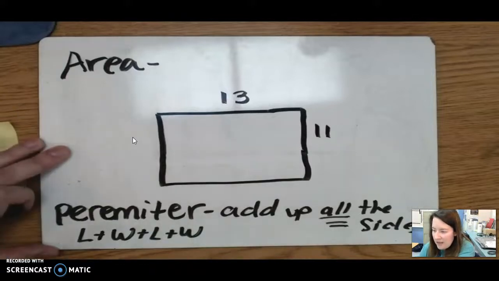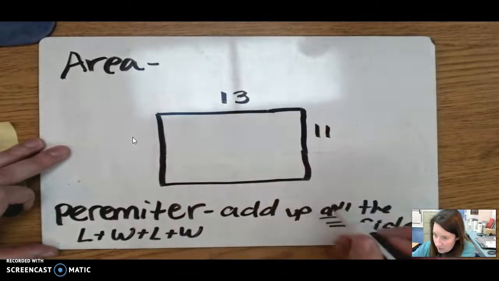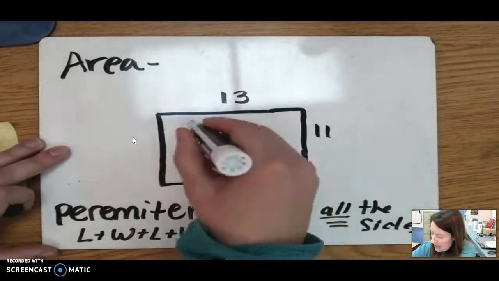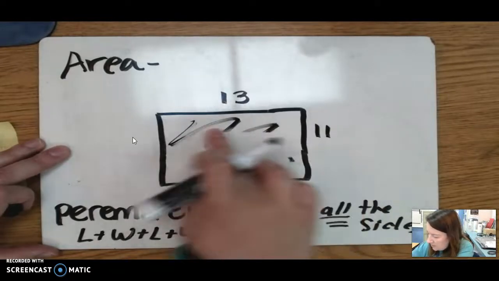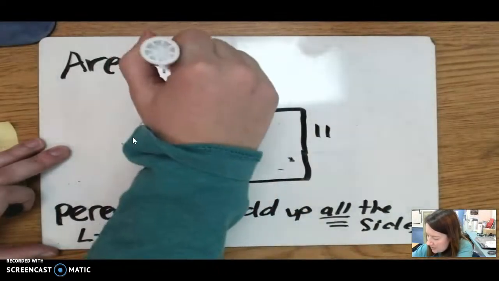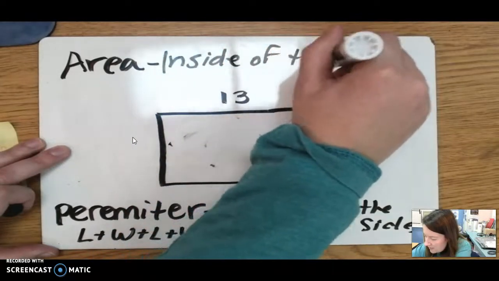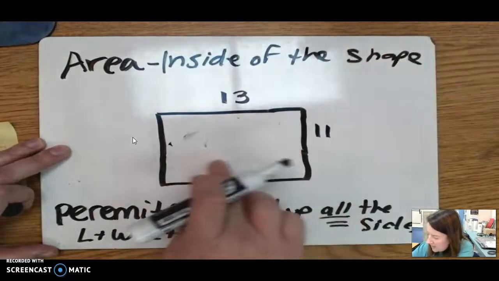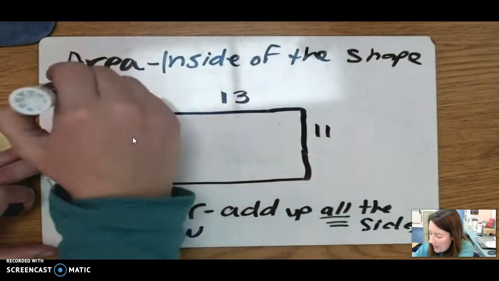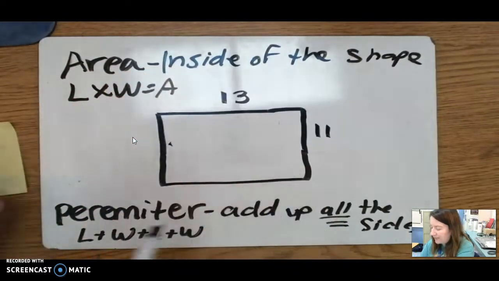For area, it says the area is the inside of the shape. Right? Inside of the shape. And the song tells us, for area, you multiply the length times the width to give us area.